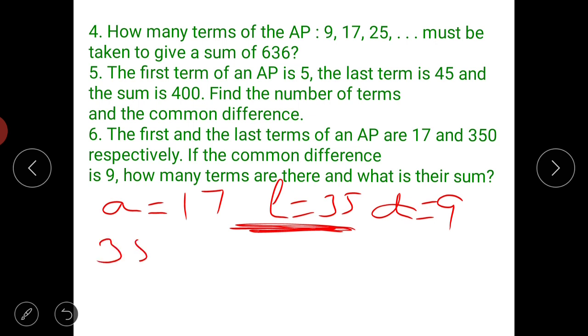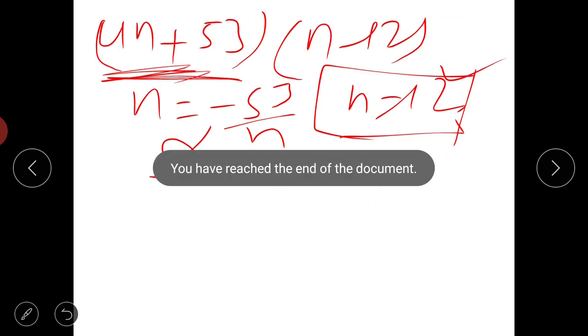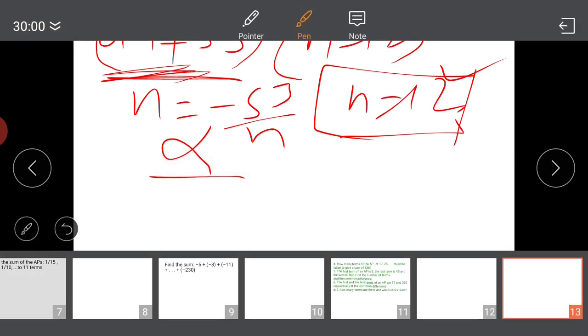We can say the nth term is equal to a plus n minus 1 into d. What is a here? 17 plus n minus 1 into, what is d here? 9. Got it or not? It means you transpose this.